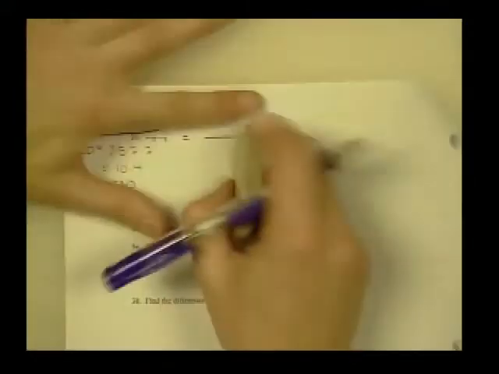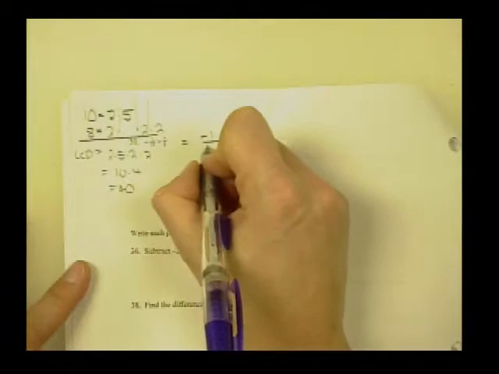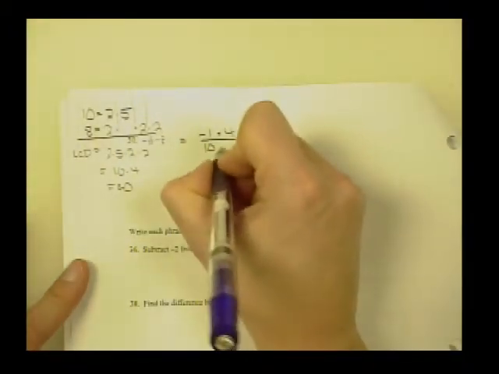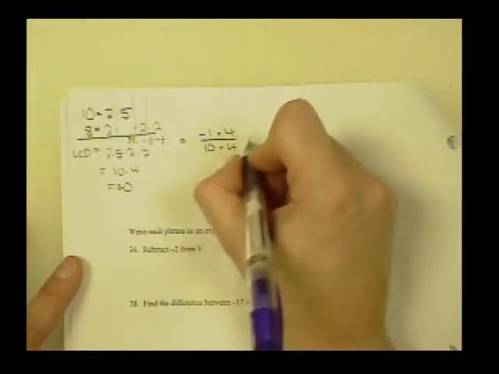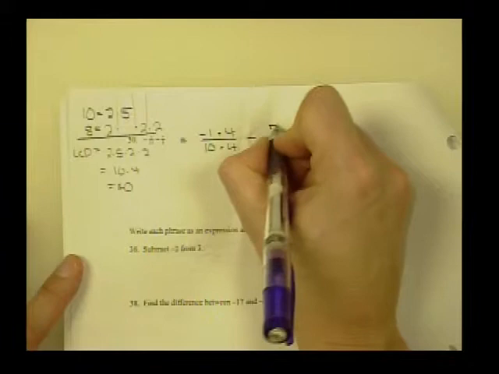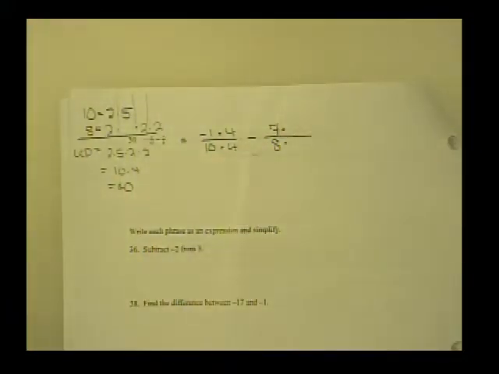Actually, I think I won't go straight to this step. So the first fraction was negative 1 over 10. So there we'd multiply top and bottom by 4. Minus, so it starts out 7 over 8, so we multiply top and bottom by 5.